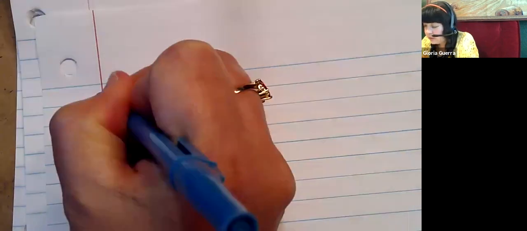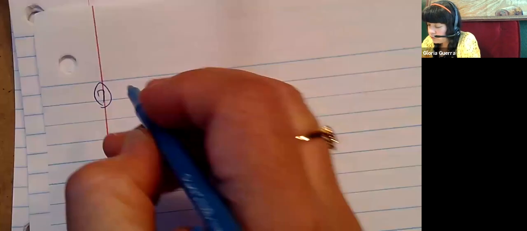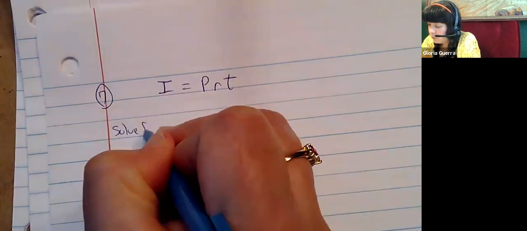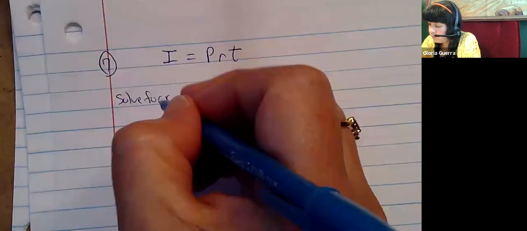Okay, so on 7, you need to know I equals PRT, which you do have here. But now you need to solve this for R, for the rate.